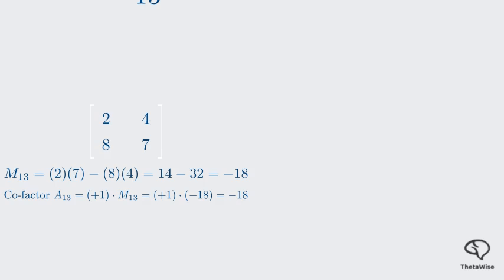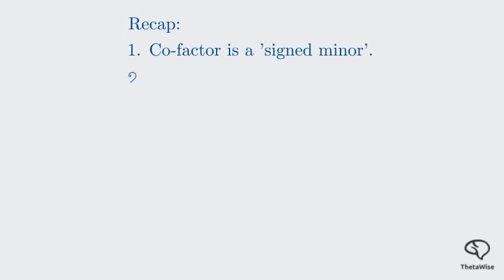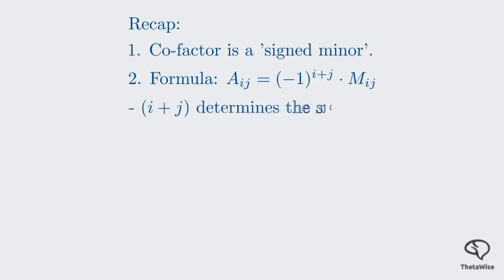Excellent work. Let's quickly recap what we've learned today. We started by defining the cofactor as a signed minor. We then introduced the formal definition using a formula. This formula, A sub ij equals -1 to the power of i plus j times M sub ij, is the key to all our calculations. We saw how the exponent i plus j gives us the correct sign, positive if it's even and negative if it's odd.